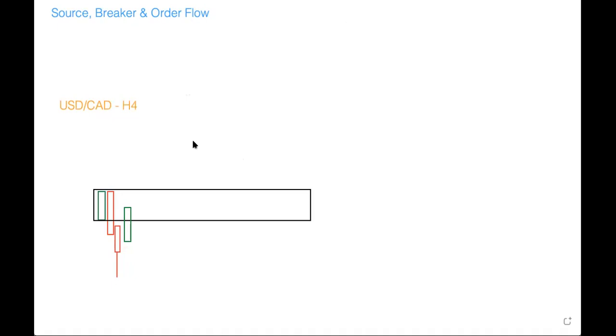Okay, so here instead of getting retest, we may get another push up like this and closing above the order block which we had. So we know in this case, this order block will be invalidated.